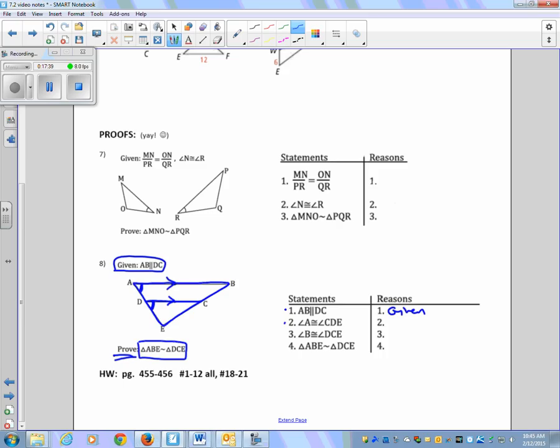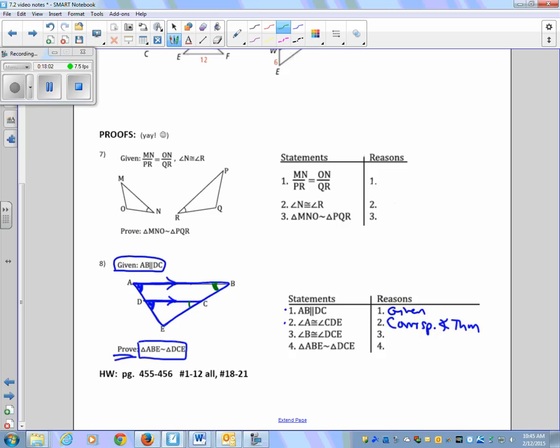We need a reason for that. Well, if these two lines are parallel, what kind of angles are these two angles? Hopefully you remember these are called corresponding angles, so it would be the corresponding angles theorem that says that they're congruent.